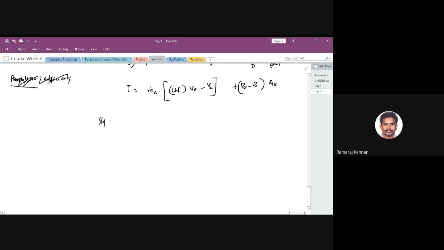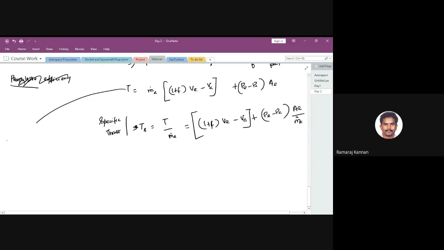Again, the specific thrust, which we call TS, is T by m dot A. So it's going to be (1 plus f) into VE minus VA, plus (PE minus PA) into AE by m dot A. Sometimes people take 1 plus f as almost close to 1, because f is very much smaller than 1.